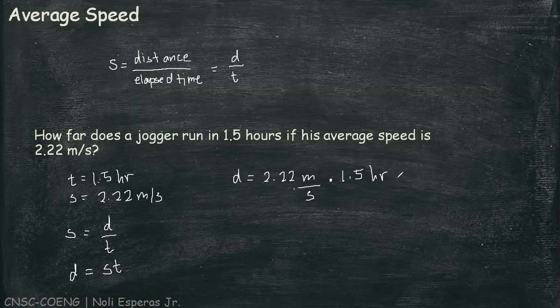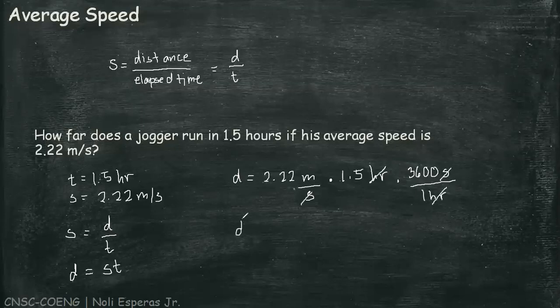To do that, let's convert 1.5 hours into seconds, where 1 hour is equal to 3,600 seconds. So using this, let's perform the operation. We cancel out seconds and hour.